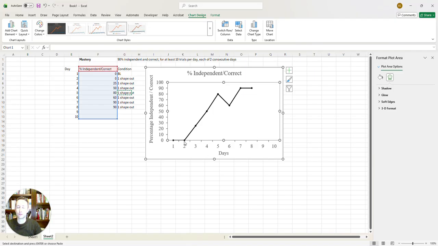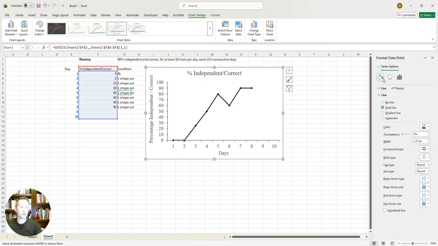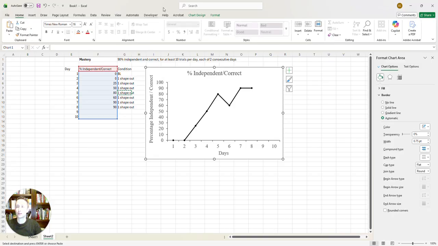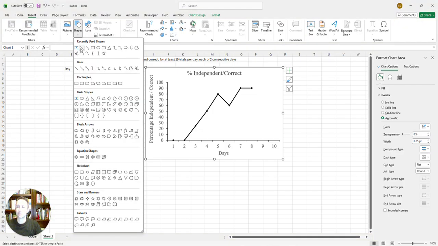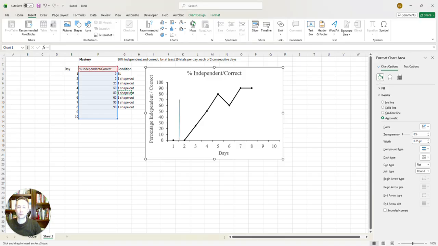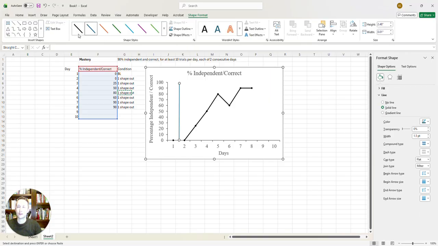All right, so I'm going to select this data point. I'm going to double click on it, and I'm going to go to this paint bucket. I'm going to put no line. Okay, so now we aren't connecting adjacent data points across phases. And I'm going to insert a solid vertical line to indicate that there are two different phases here.